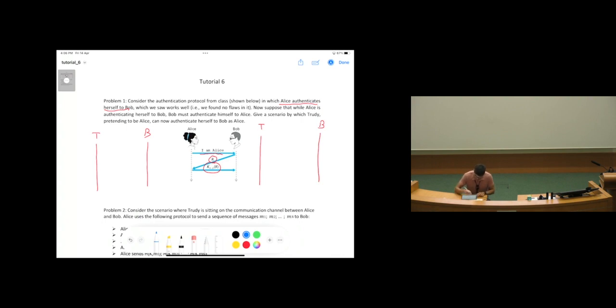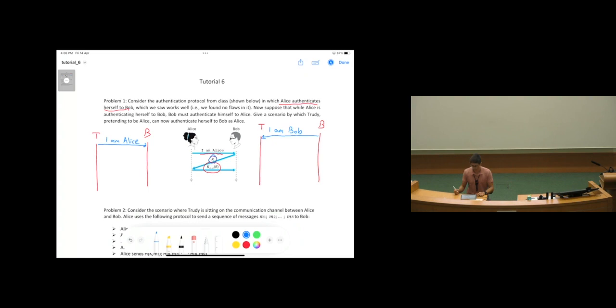So what is the first thing Trudy says? She says, I am Alice, right? Because she's impersonating Alice. And what will Bob say to Trudy? He will say, obviously, I am Bob. And now, after Trudy tells Bob, I am Alice, what does the protocol require?